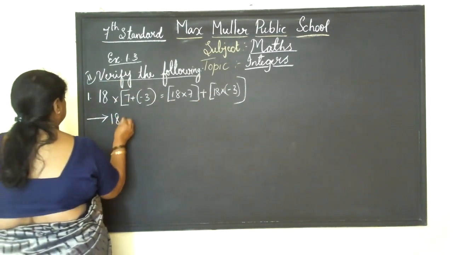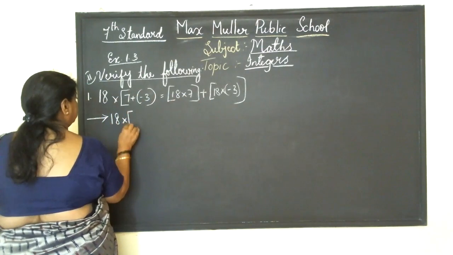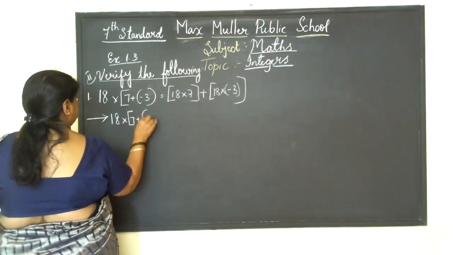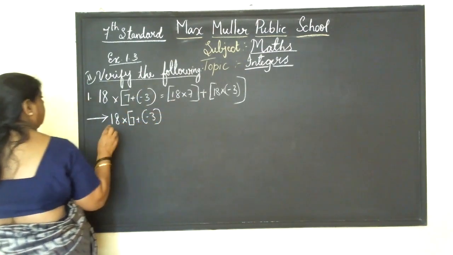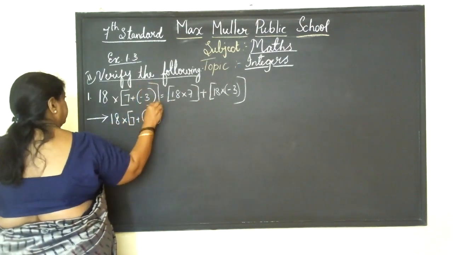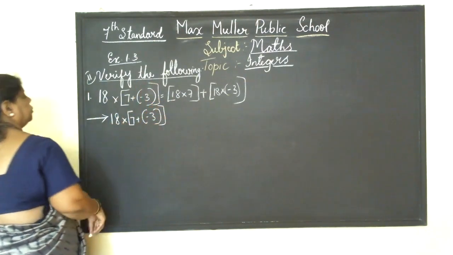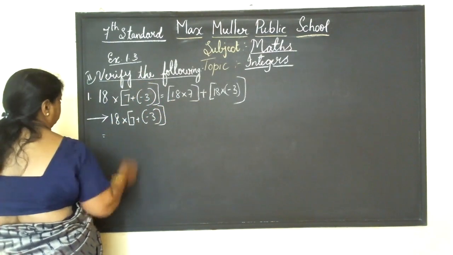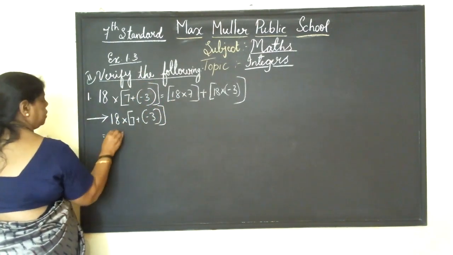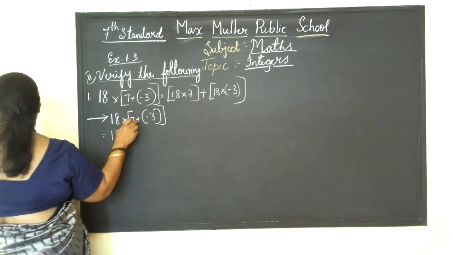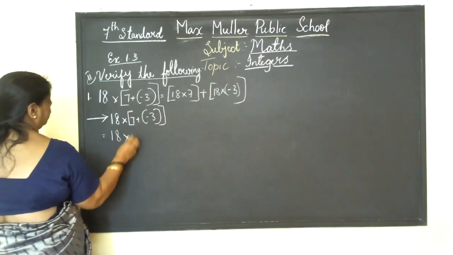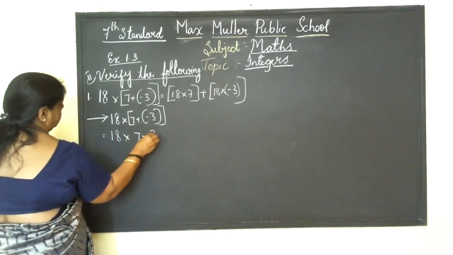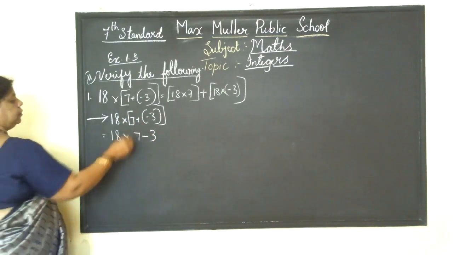18 into (7 plus minus 3). First, I will do it here only. Equals 18 into 7 plus 18 into minus 3.